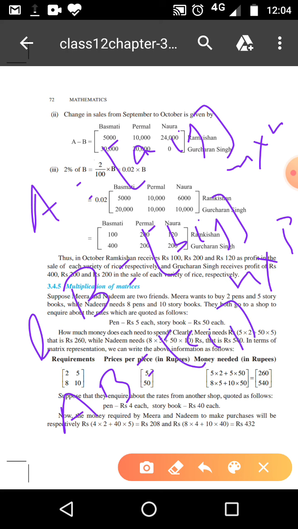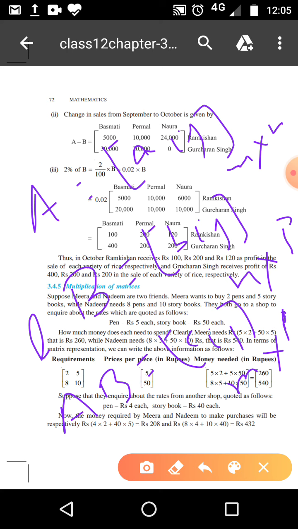of M cross P. So, in multiplication of matrices, the most important thing is, if you consider two matrices and you want to multiply them, then multiplication exists only when the order of the first matrix is M cross N and the order of the second matrix is N cross P. That is, the number of columns in the first matrix must be equal to the number of rows in the second matrix.